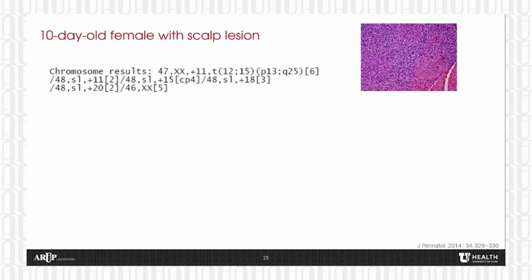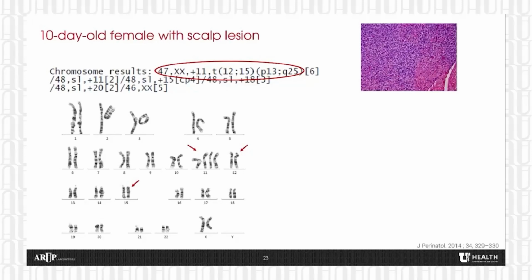The karyotype was done, and of course it shows a complex karyotype that consists of 5 related abnormal cell lines, all of which have a translocation of the short arm of chromosome 12 and the long arm of chromosome 15, as well as copy number gain of chromosome 11.